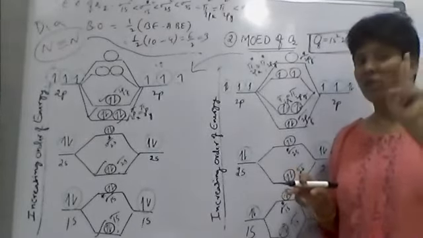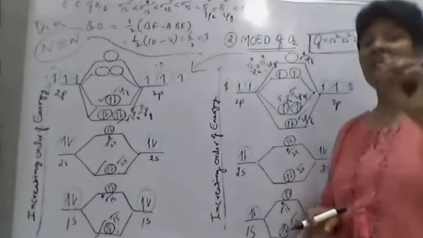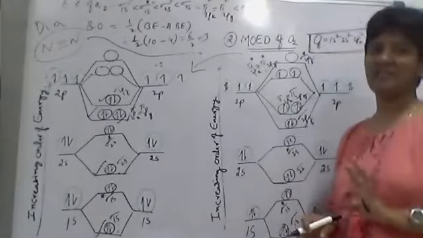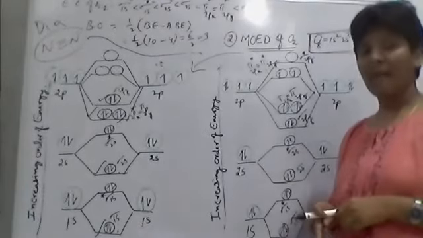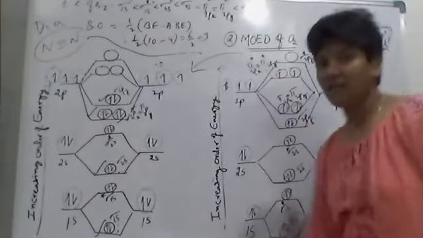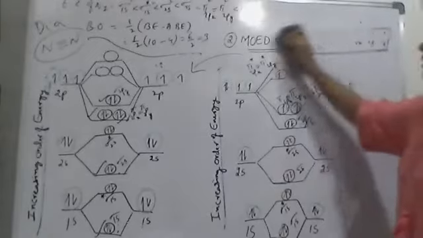So because of these 2 unpaired electrons, the O2 molecule, though having an even number of electrons, is paramagnetic in nature. Why is the O2 molecule paramagnetic in nature? Due to 2 unpaired electrons in the 2 pi star orbitals.